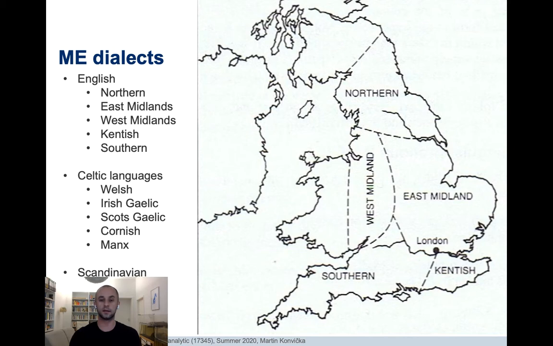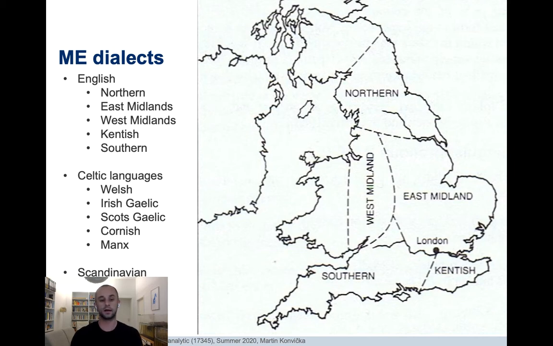Then, of course, there are still widely being used the Celtic languages, right: in Scotland, Scots Gaelic; in Ireland, Irish Gaelic; Welsh in Wales; and also Cornish in the southwest part of England, and Manx on the Isle of Man. We also have in this time a community that speaks Old Norse, the language that the Viking invaders of Old England brought with them.